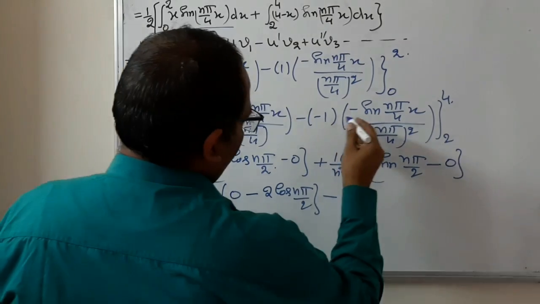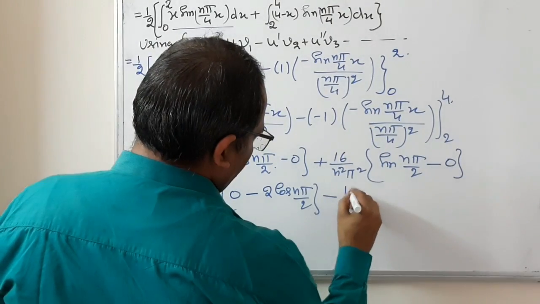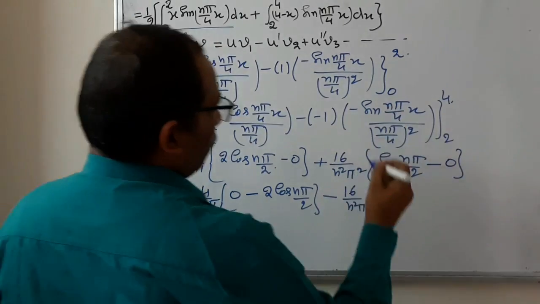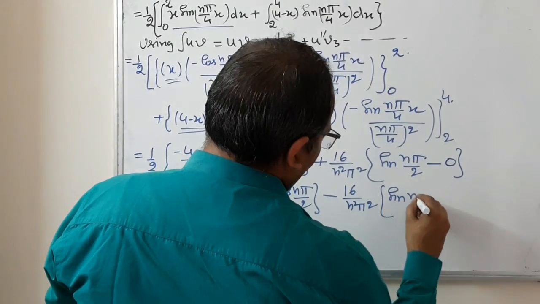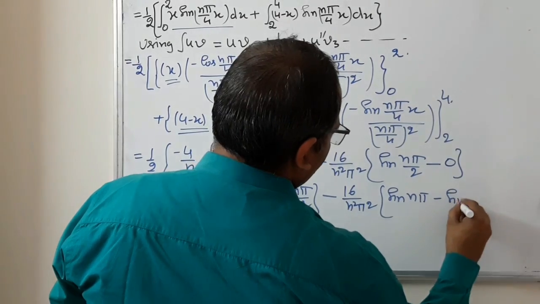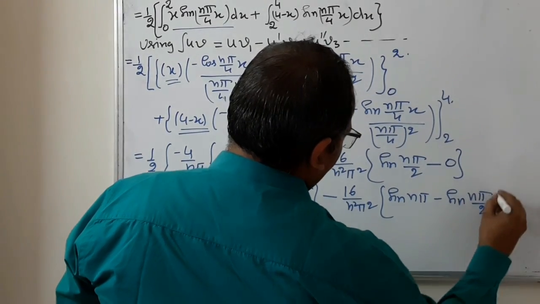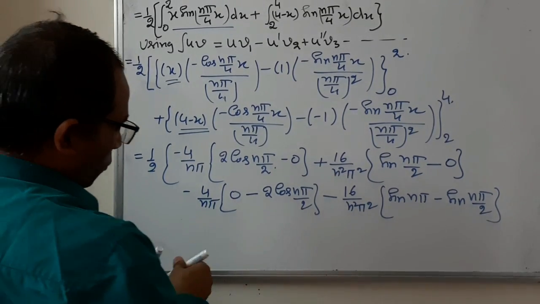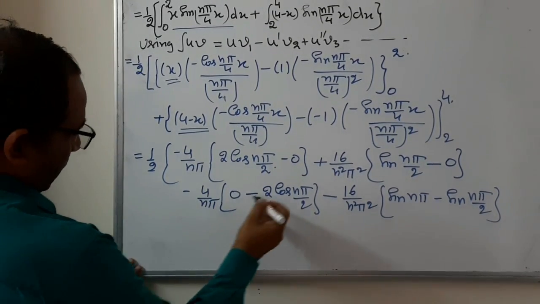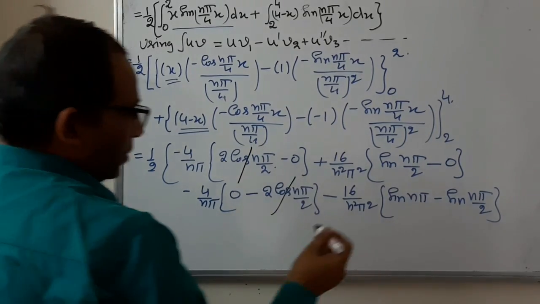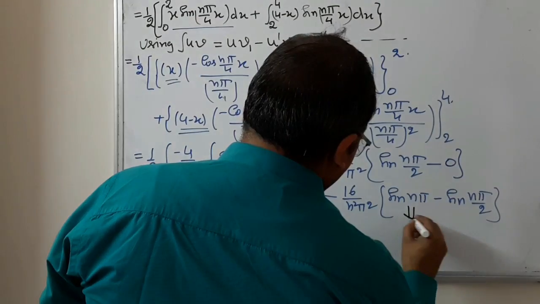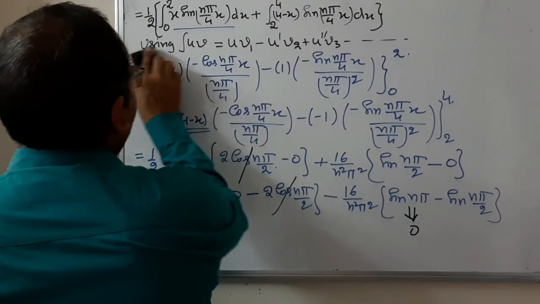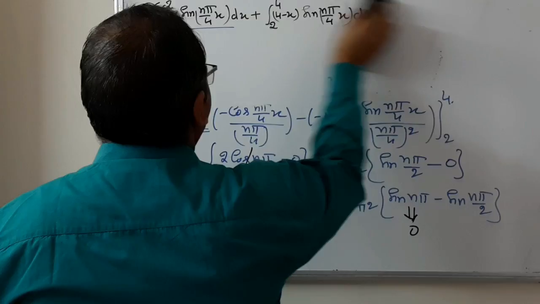And this minus minus plus minus, this is minus 16 upon n square pi square, when we put 4, that is sine of n pi minus sine of n pi upon 2. This part and this part cancel out, this is minus, this is plus, and the value of sine n pi is 0.